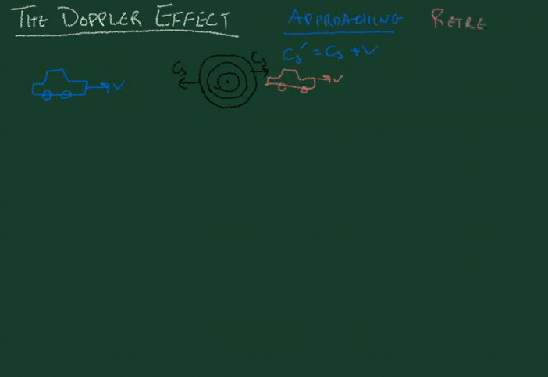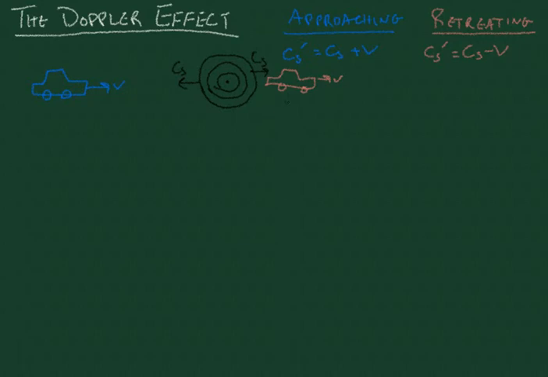So as we're retreating, we see that the speed of sound is going to be the speed of sound minus our velocity. We're going in the opposite direction. So it takes a little while to prove, and I'm not going to bother doing it for these lectures.